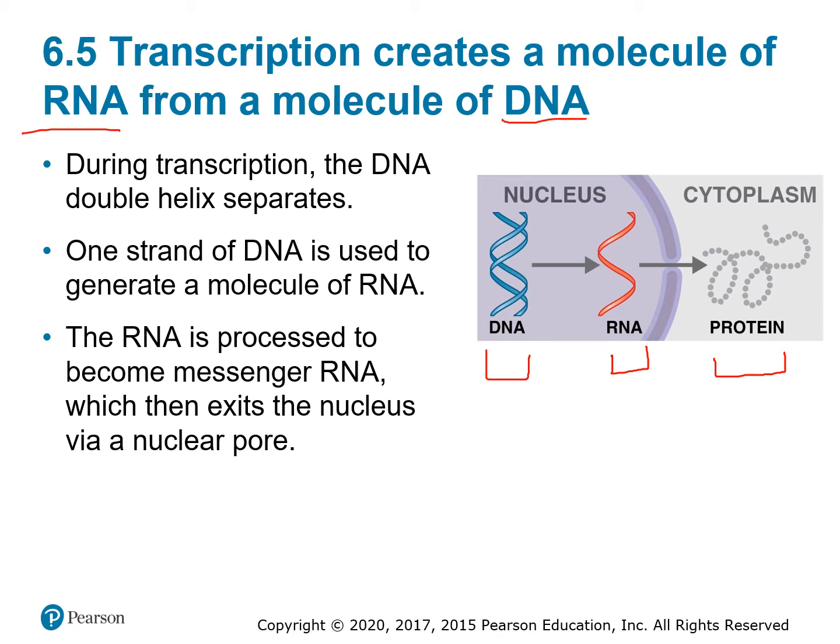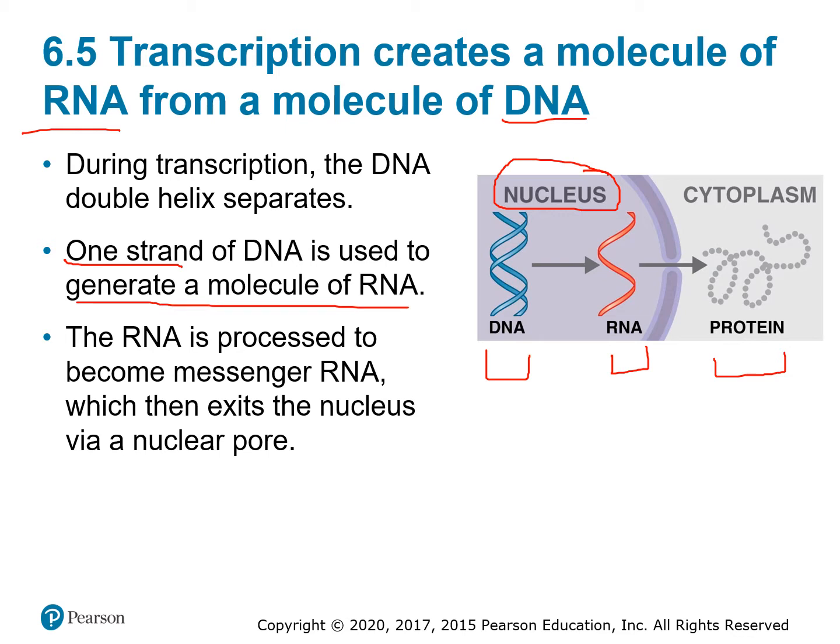And in a eukaryotic cell, this process occurs in the nucleus. So during transcription, the DNA double helix unwinds. One strand of the DNA is used as the template to generate a molecule of RNA.